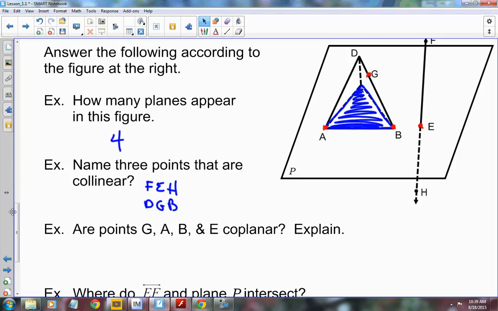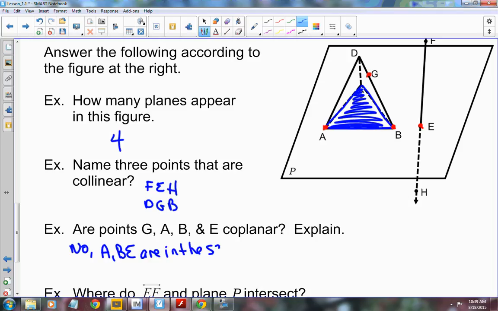G could be in the same plane as A and B, but then E would be different. So my answer would be no. You could do this in a couple of ways. A, B, and E are in the same plane, but G is not.